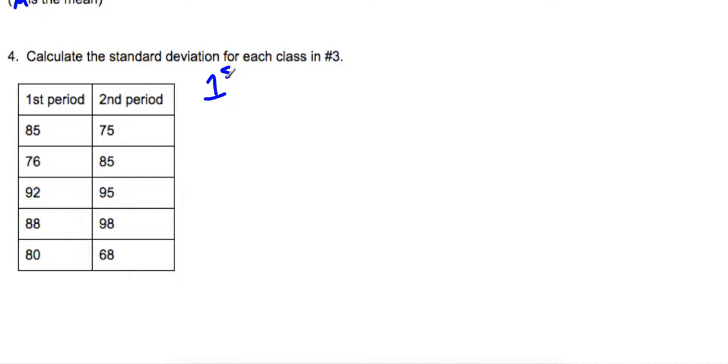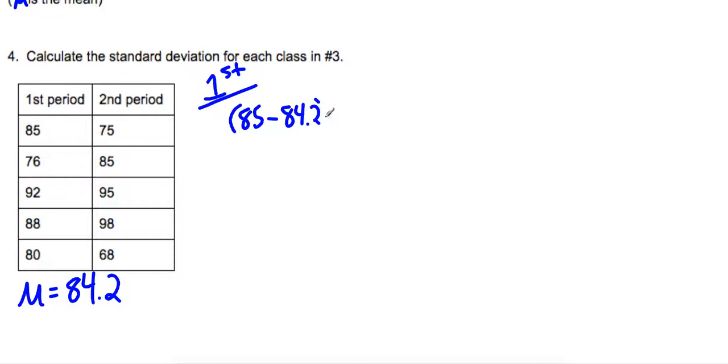So first, let's do first period. Okay, remember the mean on both of these was 84.2. So for first period, we're going to take each of these scores. We're going to take 85 minus our average, 84.2, and we're going to square that. So we did that one.